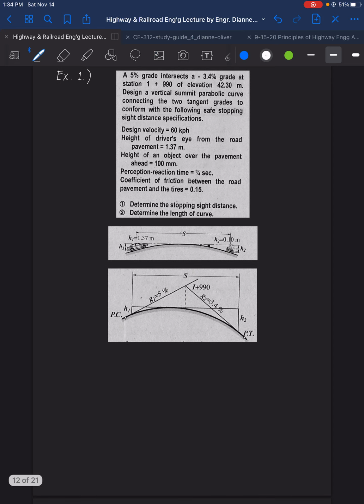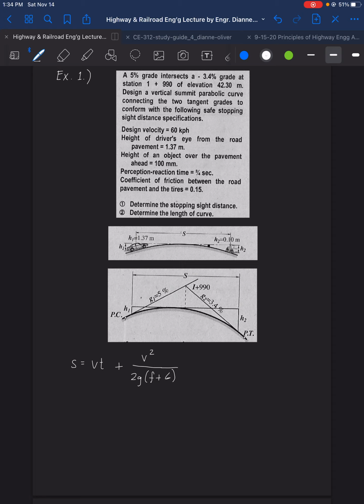From the previous video, we have discussed how we solve for the stopping sight distance. For the stopping sight distance, we have S equals VT plus V squared all over 2g multiplied by f plus G. That is from our previous video.